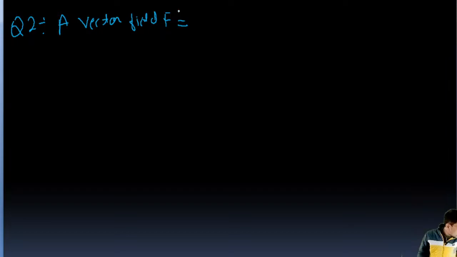This is Green theorem. Okay, question number 2. A vector field F is given, that is sin y i cap plus x into 1 plus cos y j cap.